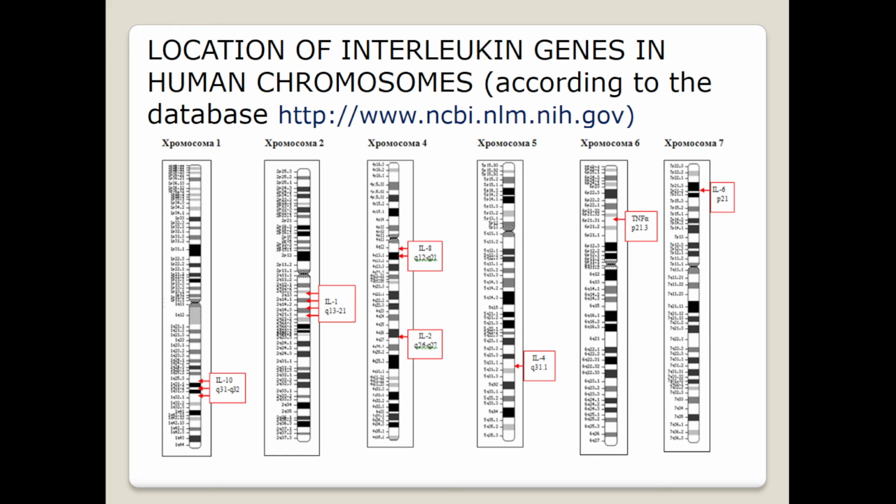You can find P and Q, bands, heterochromatin and euchromatin, and the location of some genes. For example, chromosome number 1, the first left picture, presents the location of interleukin 10, Q31, Q33.